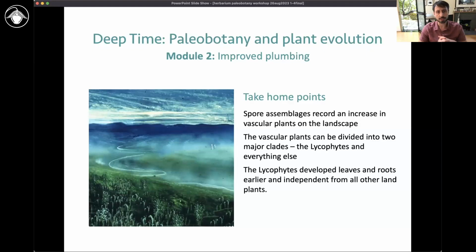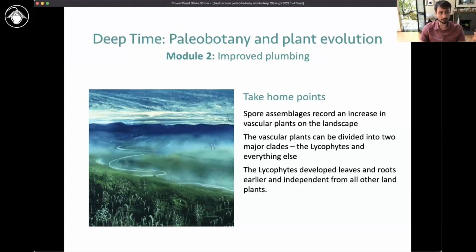The vascular plants basically can be divided into two major groups, or what we call clades: the lycophytes and everything else, which we call the euphyllophytes, which includes today our horsetails, ferns, and our seed plants, which includes the gymnosperms and the angiosperms, the flowering plants.